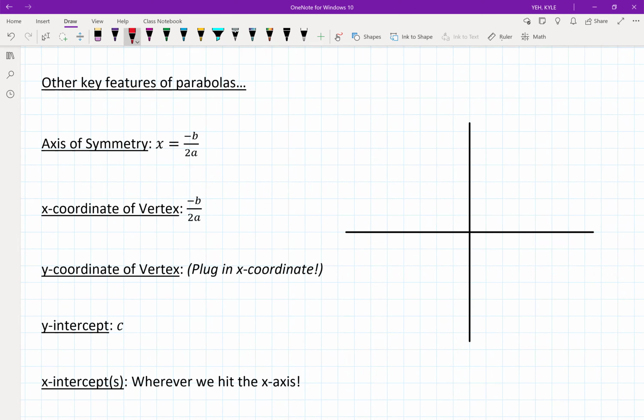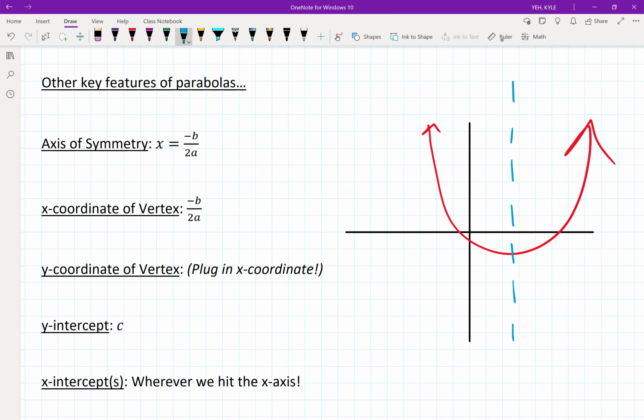Now, if I draw a parabola over here, and I'm not going to be very careful with it, it looks something like that. Well, the axis of symmetry, symmetrical or symmetry means the same on both sides. There is going to be a straight up and down line that we can draw that will cut the parabola in two, and the left and the right are mirror images of each other.